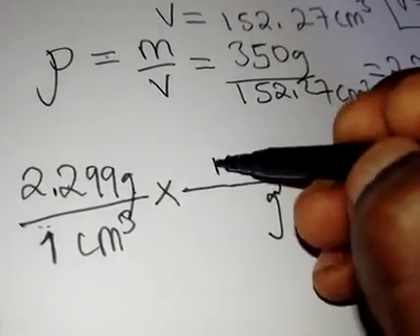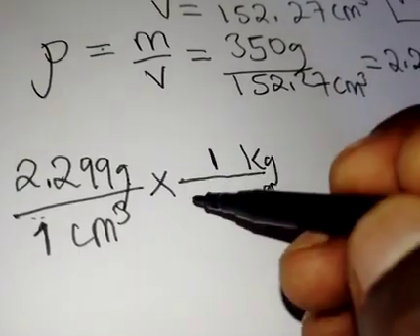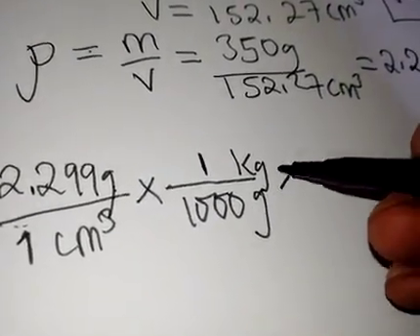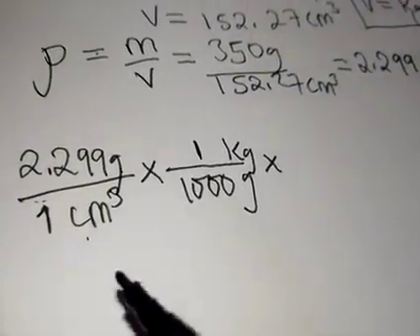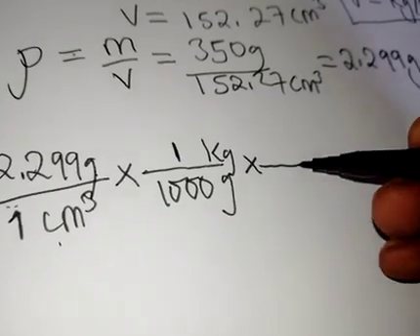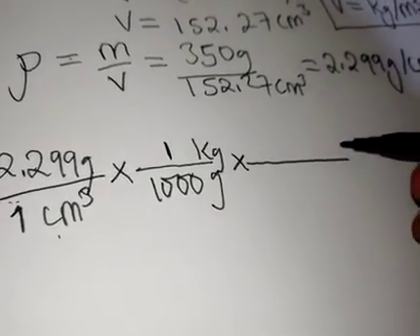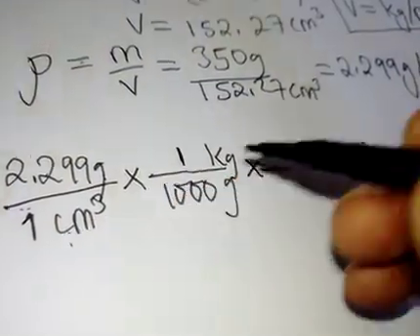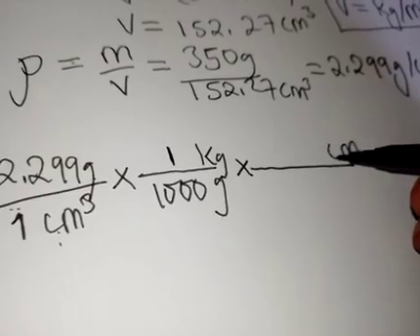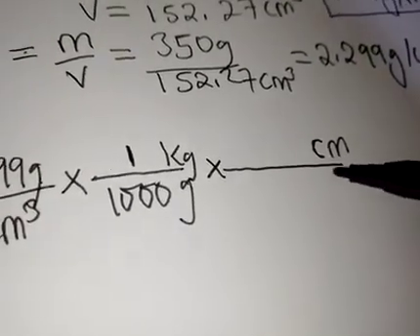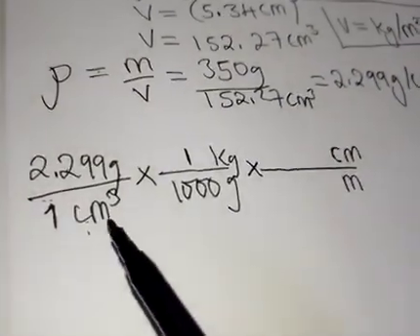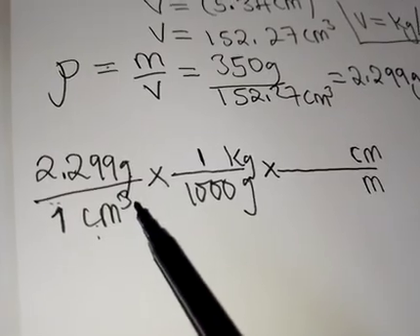So we know that if we have 1 kilogram, we get 1000 grams. That's true. Okay, then let's do the same for centimeters. So on top, we want to get rid of the centimeters. Okay, so say centimeters. Then down there we should achieve meters. But check, the centimeter we have there is raised to the power 3.